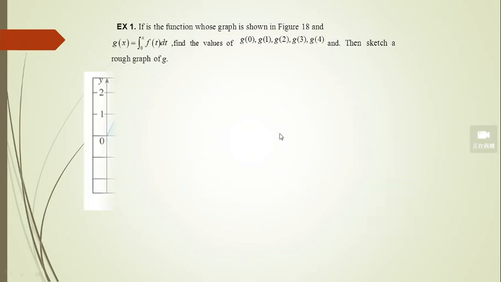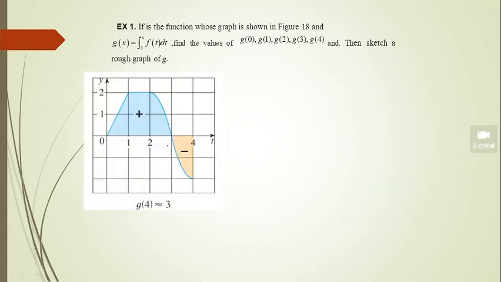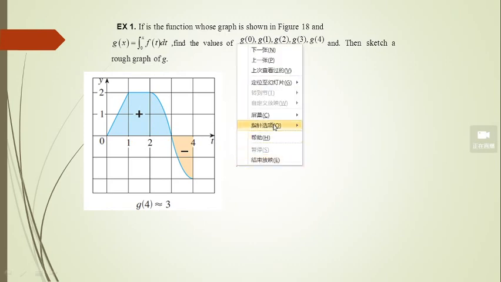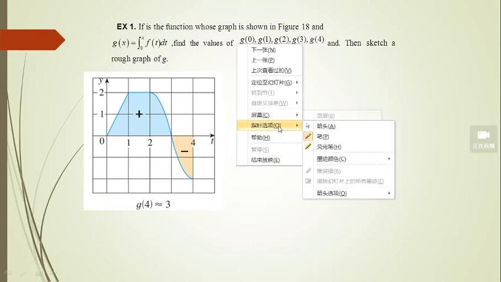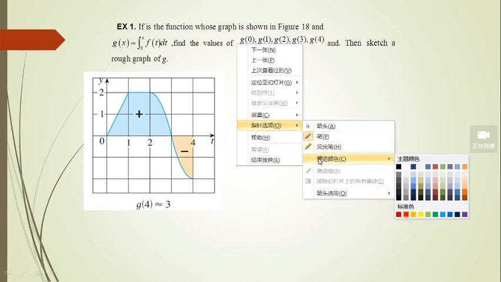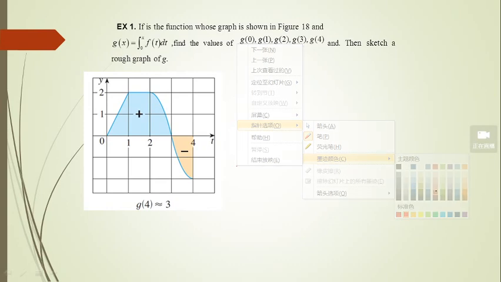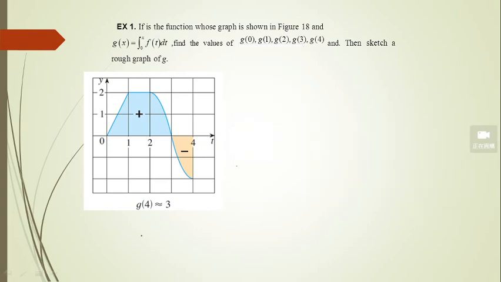Okay, let's check G4. According to the given curve of ft, now we understand that this part is a minus area. Let me choose this kind of color. So here we already know G3, this part is 4.3.